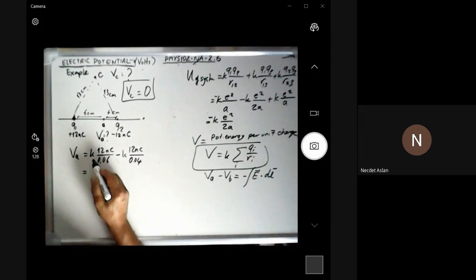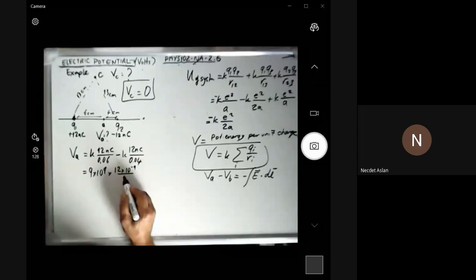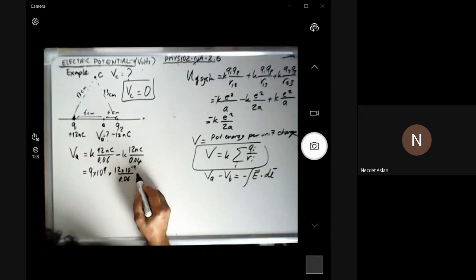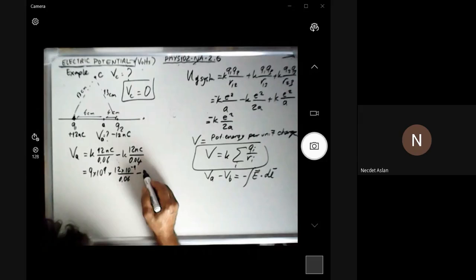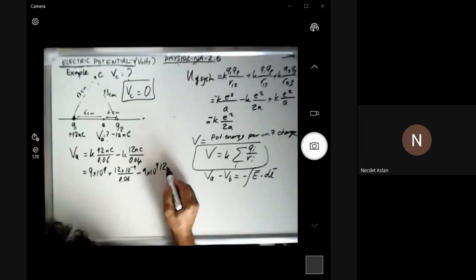So if you just put these values, 9 times 10 to the 9, 12 times 10 to the minus 9 divided by 0.06, minus 9 times 10 to the 9 times 12 times 10 to the minus 9 again.